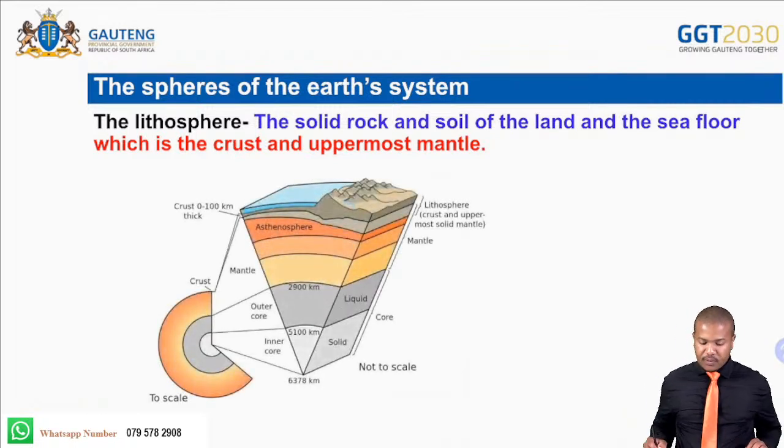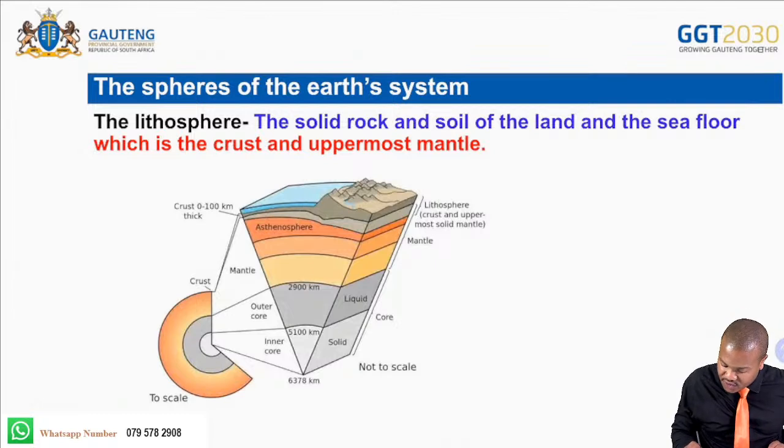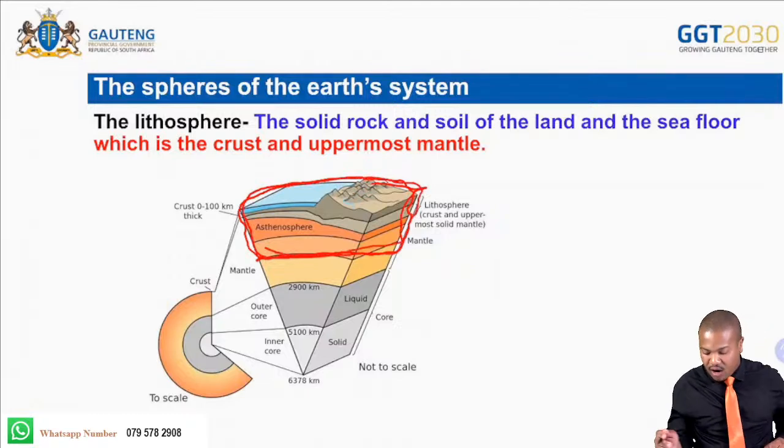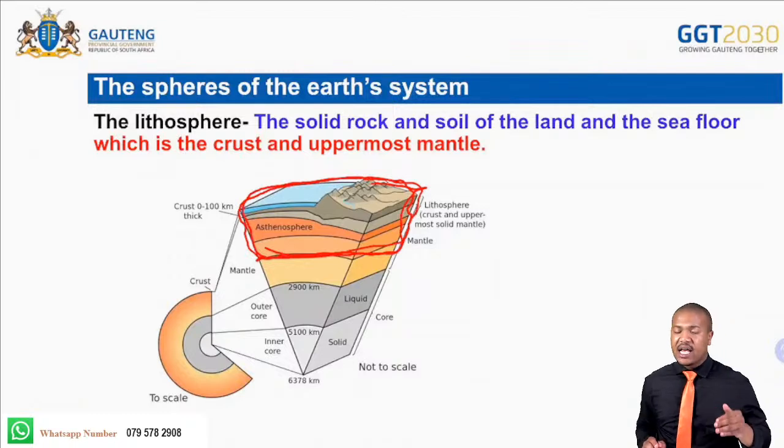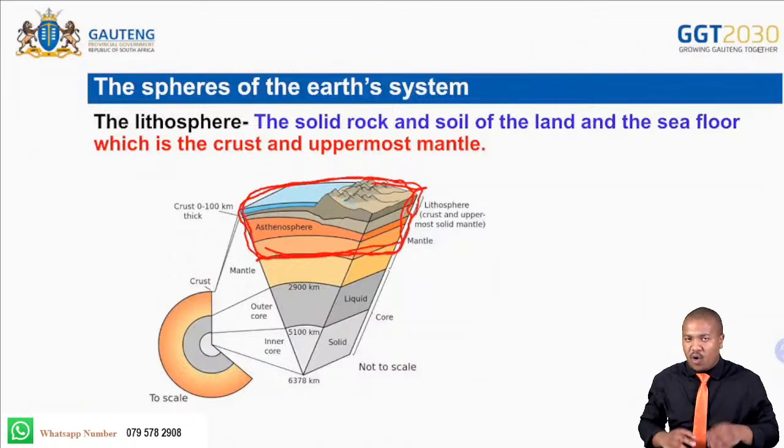This is where we find our lithosphere, the uppermost mantle, this part and this part here. This is the part we're talking about, all the rocks and soil of the earth, the uppermost mantle as well as the crust that you and I are stepping on right now.